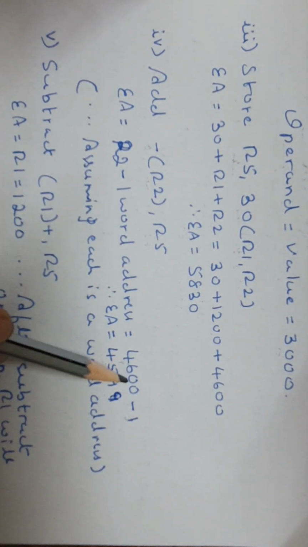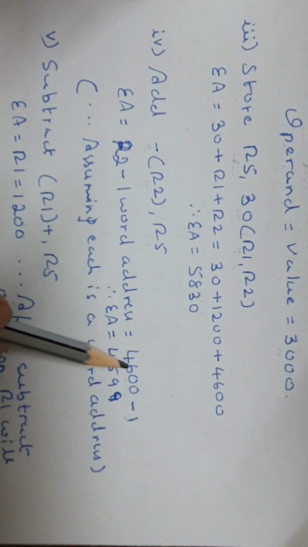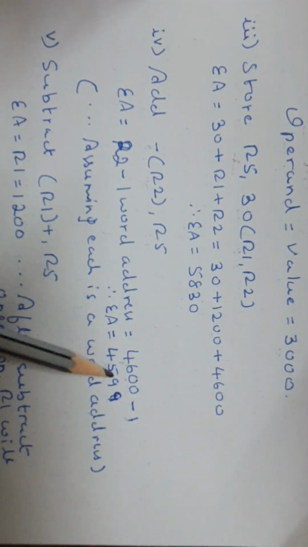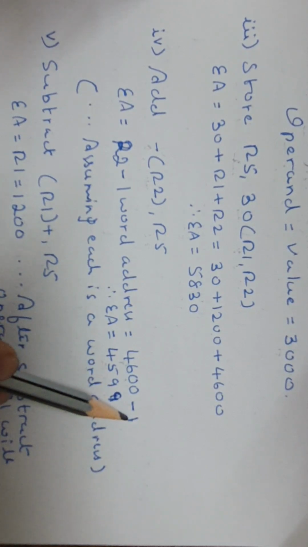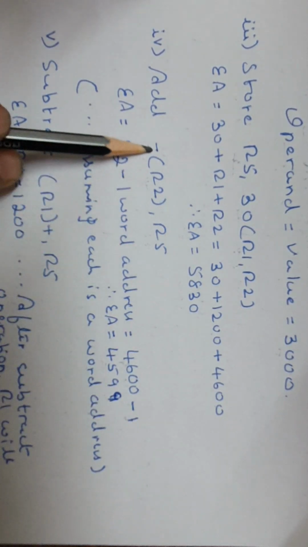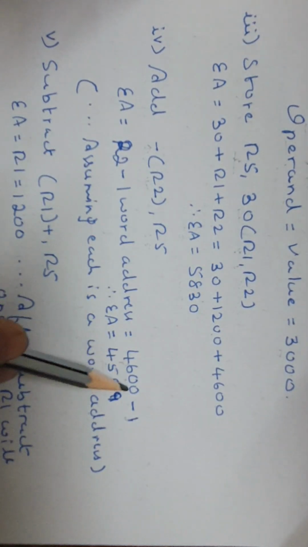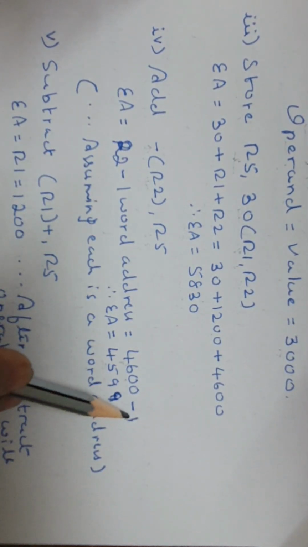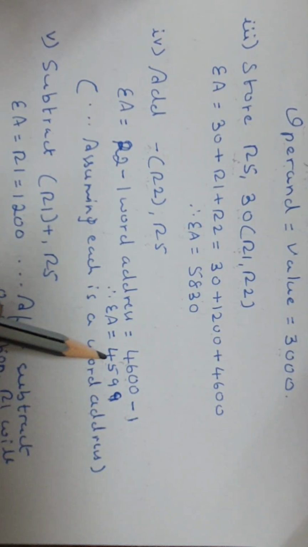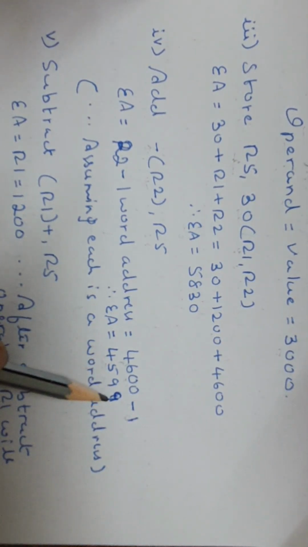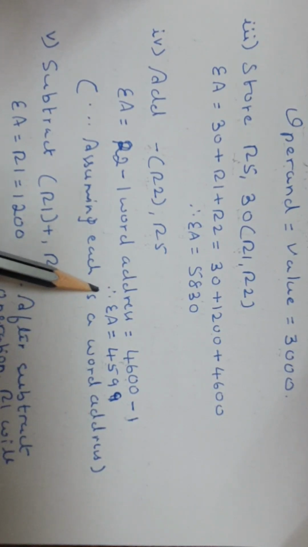If all 4600 are byte addresses and if one word length is 32-bit 4 bytes, then this should be decremented by 4. Pre-decrement means by one word size decrement. Then 4600 minus 4. 4 bytes is equal to one word. So then this would be 4596. So these comments we'll have to write and then write the answer here.